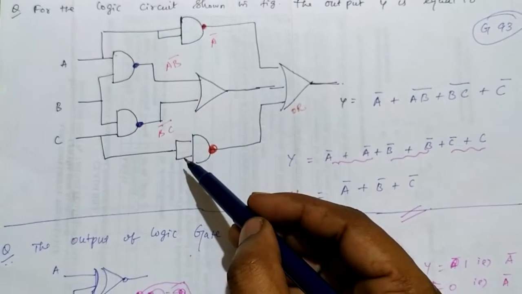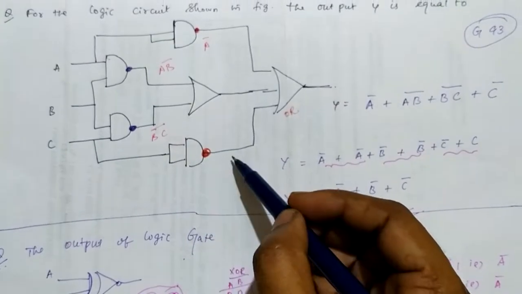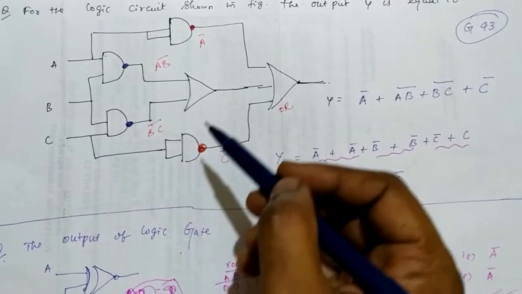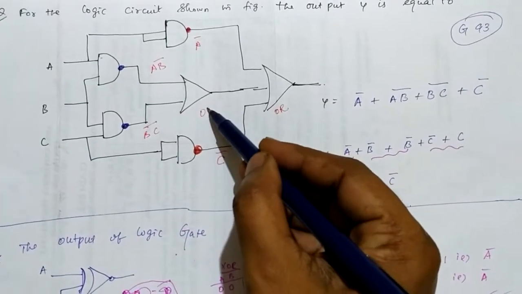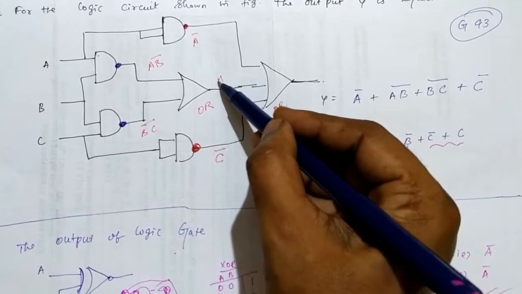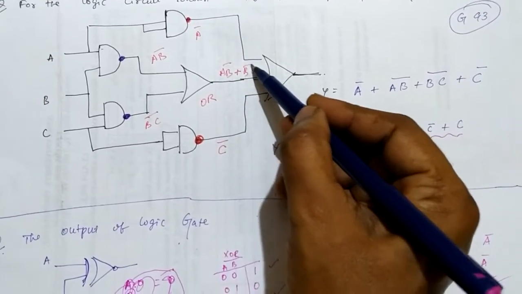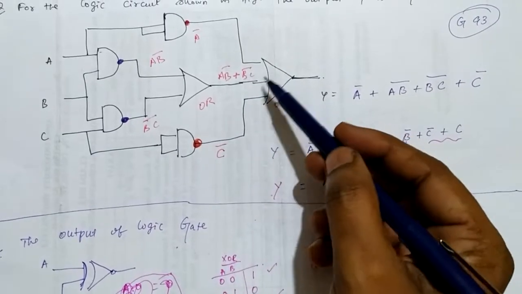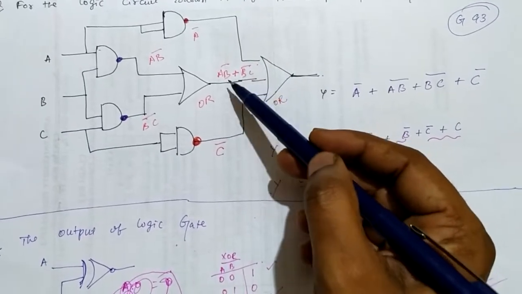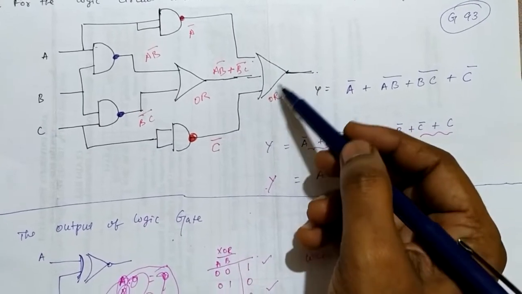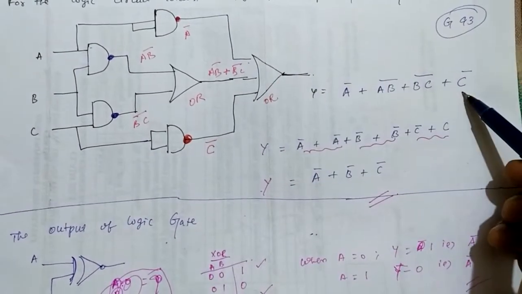The next one is also a NAND gate whose output is C bar, since the input is CC. And this is the OR gate, so the output is AB bar plus BC bar. The first input is A bar, second input is this, and the third input is C bar. So the output of this OR gate is this one.